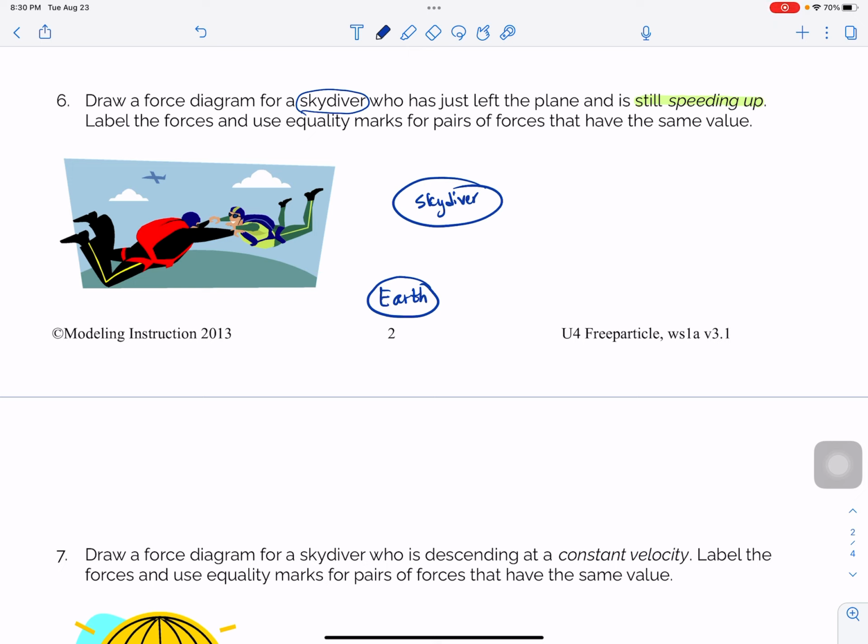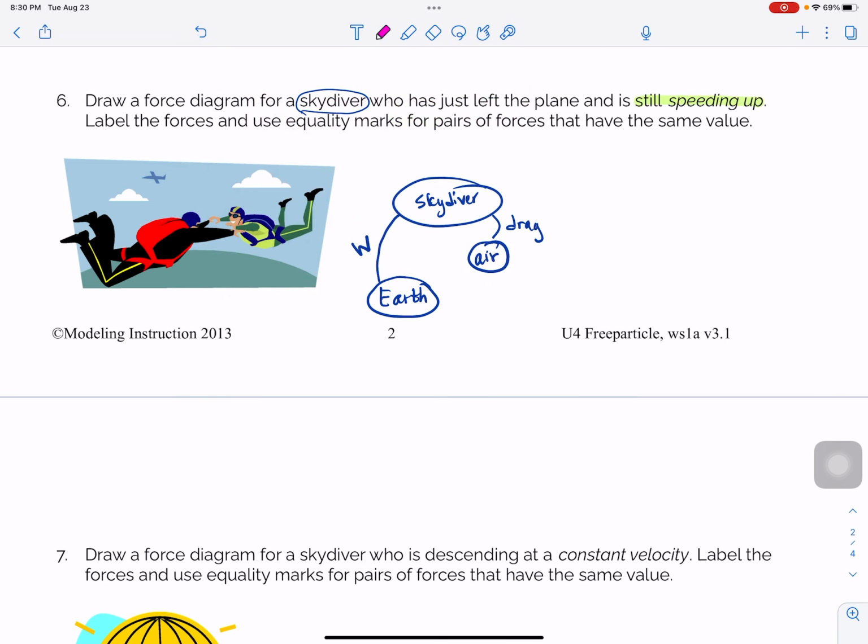And one of those is something called drag, and that is due to the air. So anytime you're moving through a fluid, and air is definitely a fluid, you will have drag. So the interactions that we're going to have are Earth and skydiver, which we know is weight, and skydiver and air, which is drag.